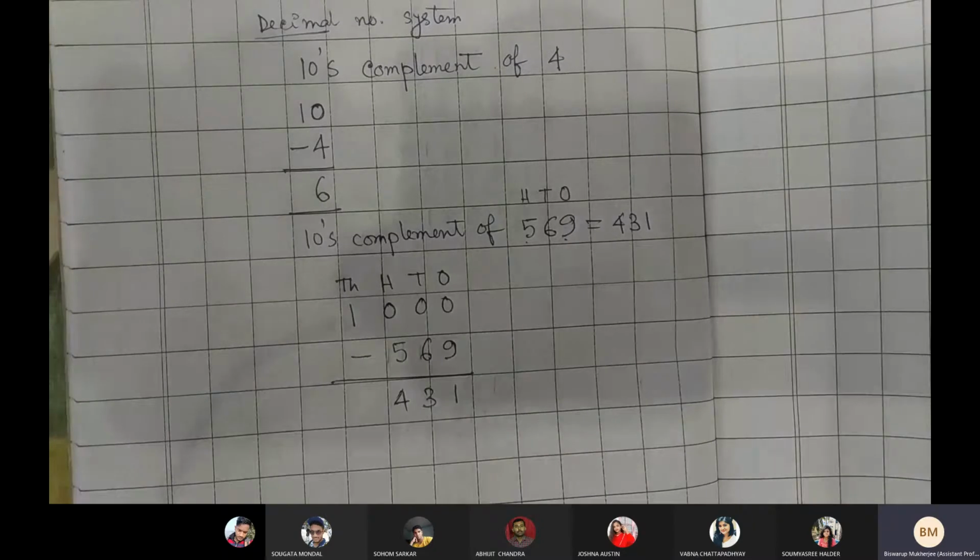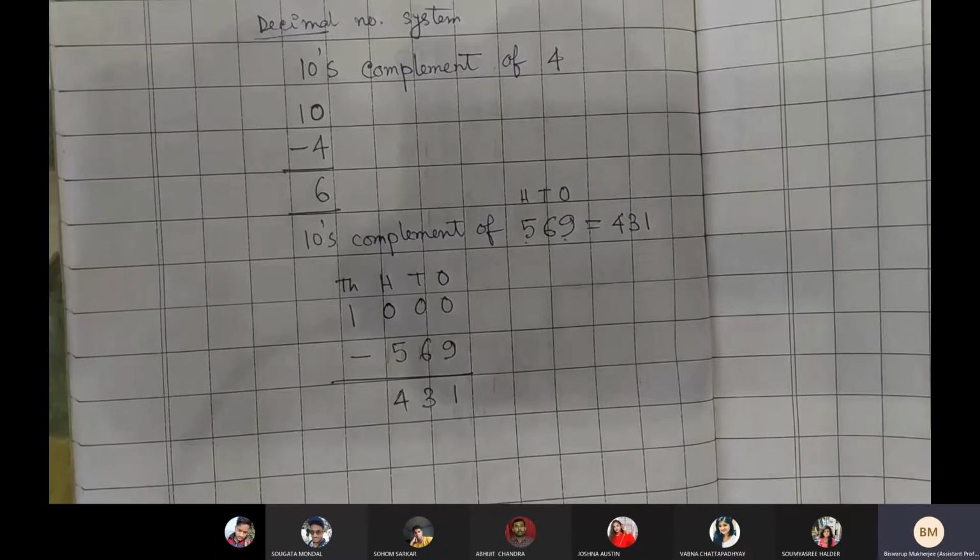Sorry. So that is something like radix complement. And what is diminished radix complement? Diminished means a little bit lower than that. So radix complement minus 1 is called the diminished radix complement.